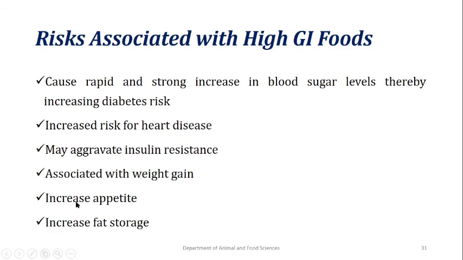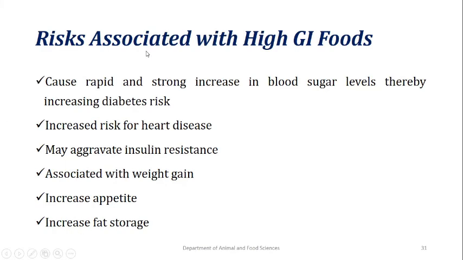The foods are easily digested and enter the bloodstream, so we can eat a lot, which increases the appetite, and is thereby associated with weight gain as well as fat storage, because this excess glucose finally ends up as fat. So these are the risks associated with high GI foods.